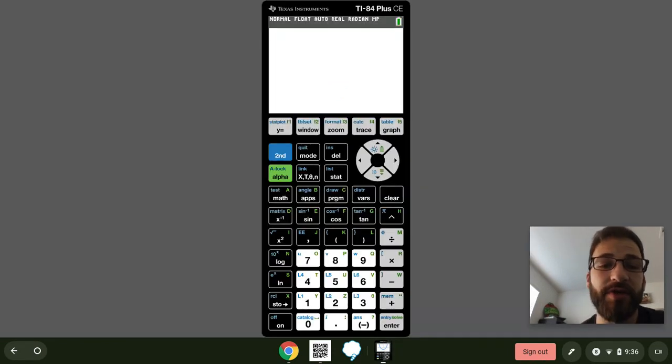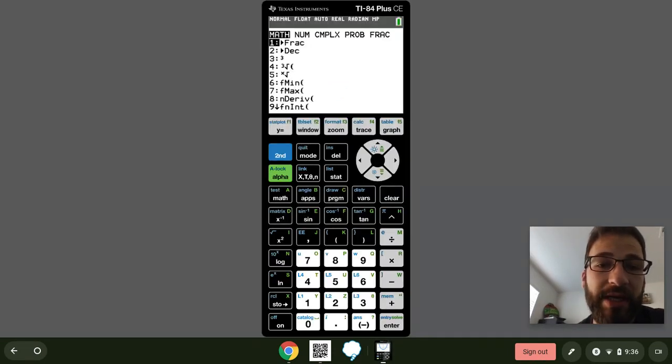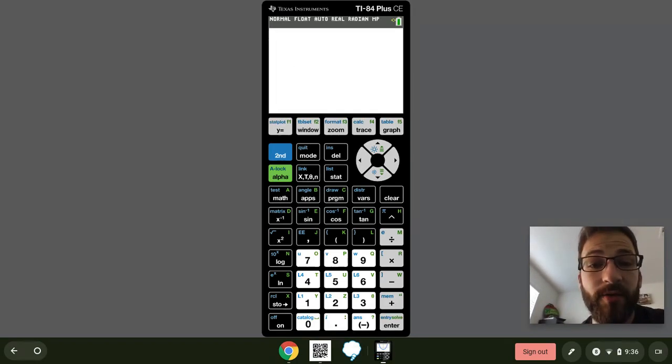So for the calculator version, I hit math, and then I go down to option 9, the function integral. So I want the integral from 1 to 4. Then I need the absolute value, which is also in the math menu, so I hit math, arrow over to num, and it's the first one, ABS.